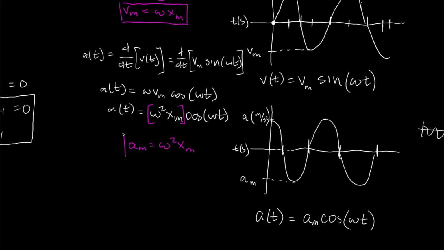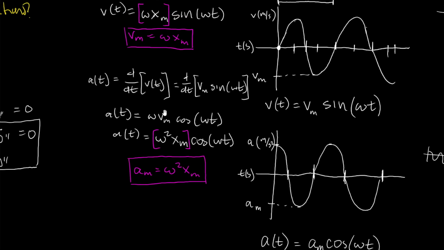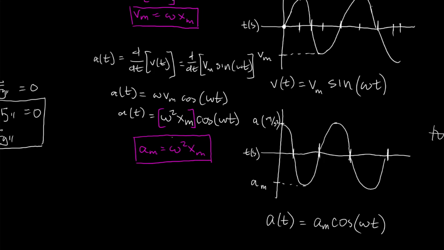So if we can find our maximum acceleration, and we also know our maximum position, then we can calculate our frequency. Or if we could find our maximum velocity, then we could also use that to calculate our angular frequency. We're going to start with this one.